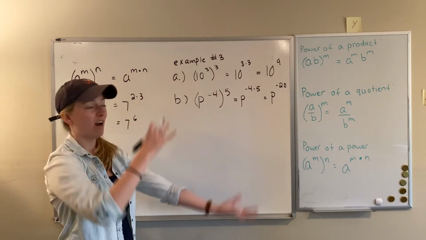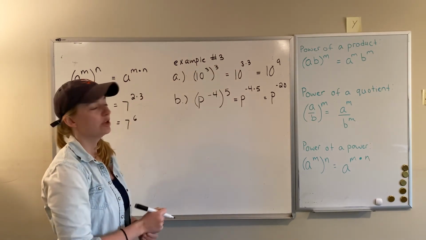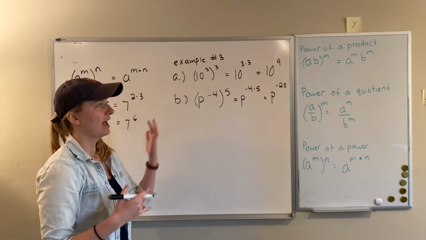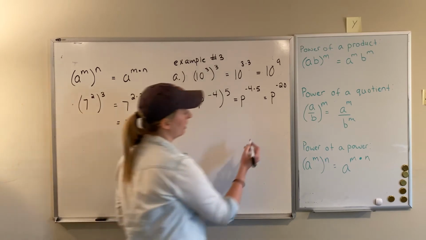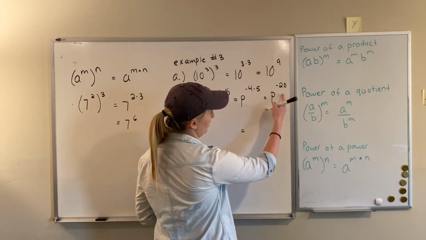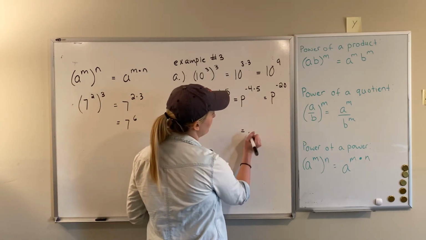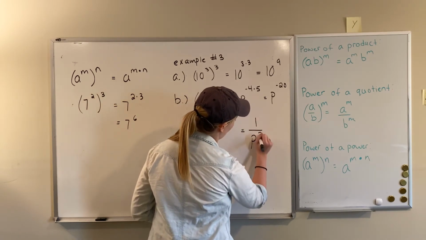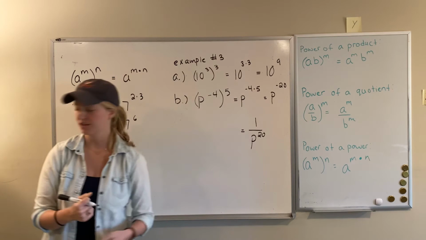Pull back on your knowledge from chapter 4. We cannot have a negative exponent. A negative exponent is the same thing as your original expression, just over 1. So our final answer here isn't p to the negative 20th, but 1 over p to the 20th. And that's our final answer.